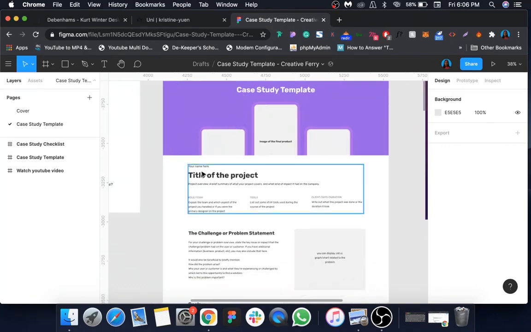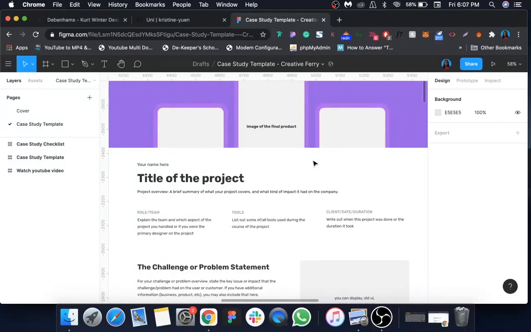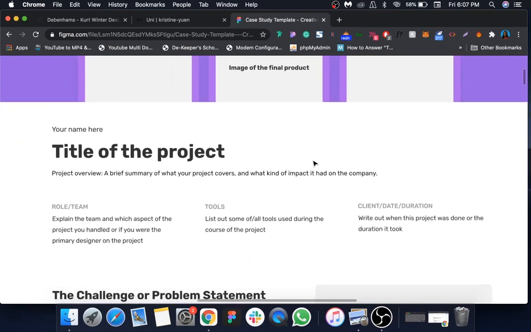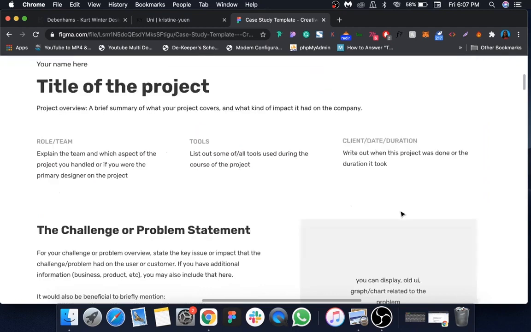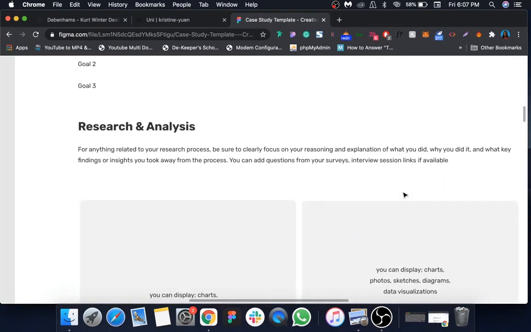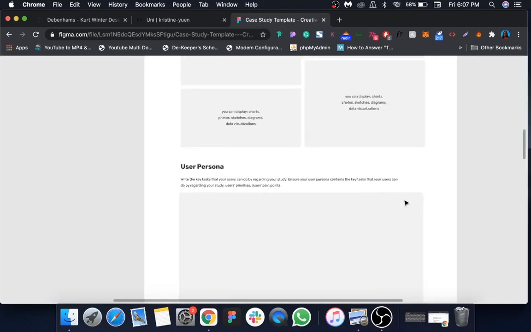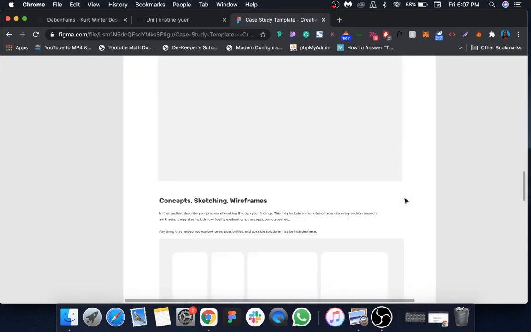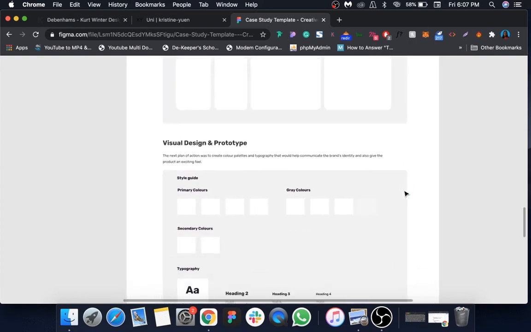So as I said, your name, title of the project, the product summary, your role or the team, the tools you use, the client, the date, duration, the problem statement, your goals, your process. This is research. So this is a template you can just follow. As I said, it has to be in your own voice. So for every project, you can just work with this while you write your case study.